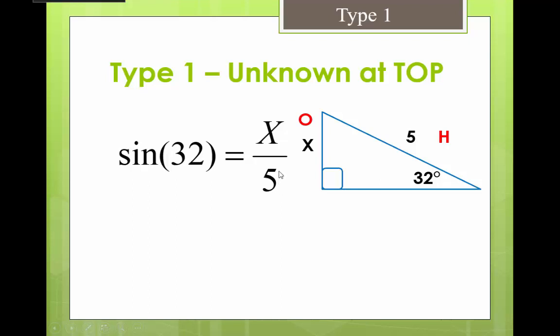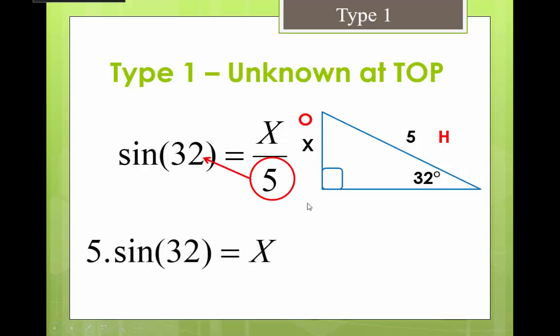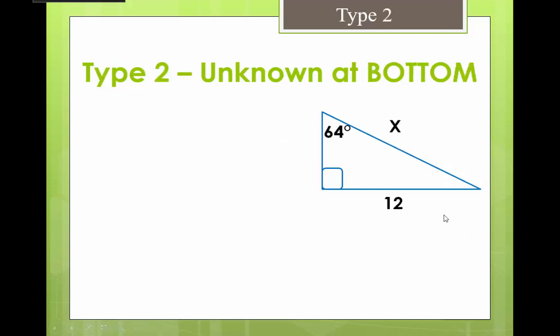Now we want to get rid of the 5 so we can get x by itself. So we bring 5 up to the top line because we have to times by it, since it's been divided by. Then we work that out in our calculator, and you can check that for yourself. So x equals 2.65.